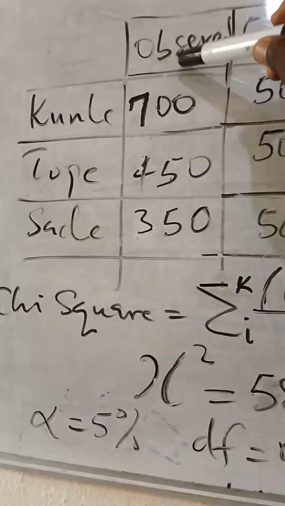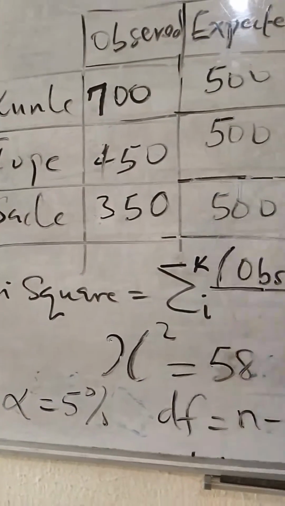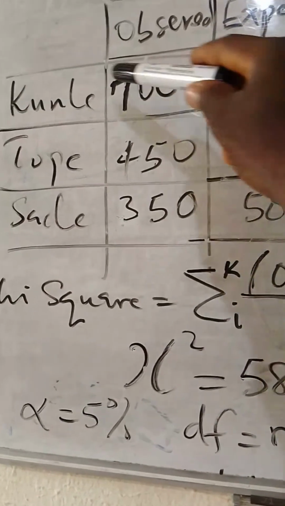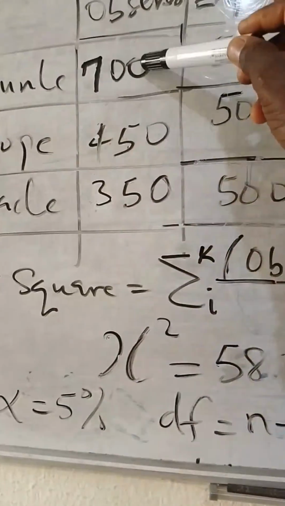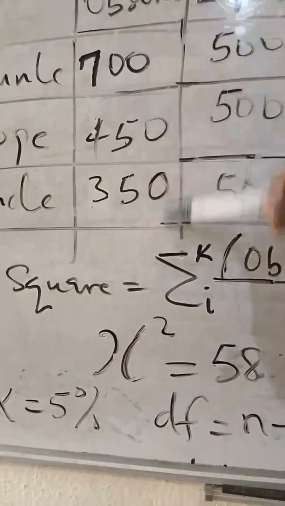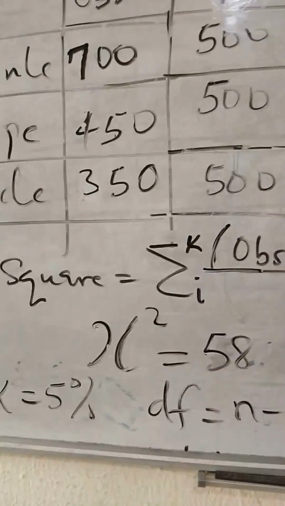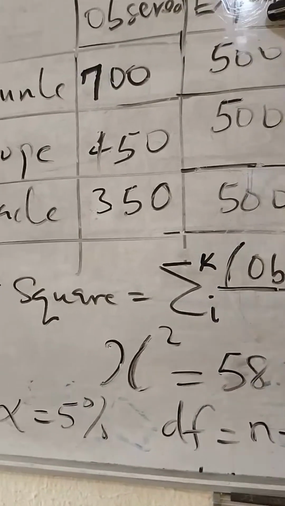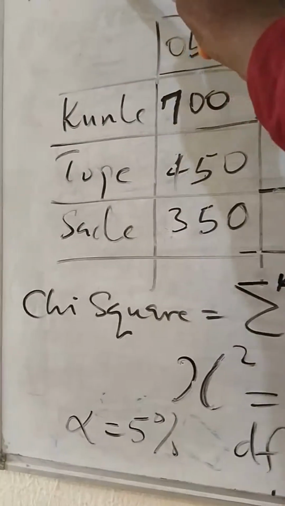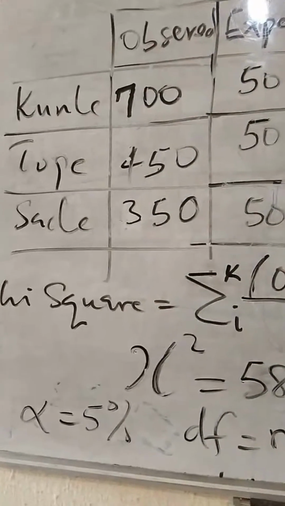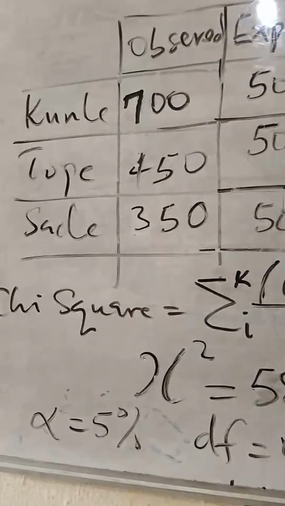We have observed, this is the data given. You know, this 500 is not given. Understand? This data is given. 1,500 is to be shared between these three people, and they have shared it this way. That is the observed. So you use your common sense by dividing that money with the number. We have three of them. 1,500 by 3, you get 500, 500, 500.